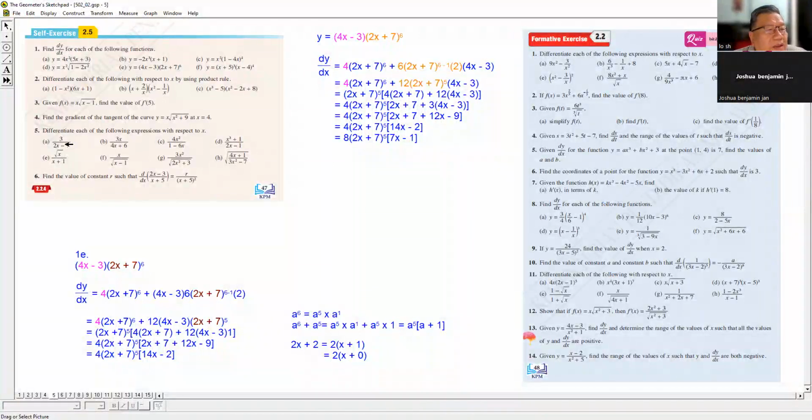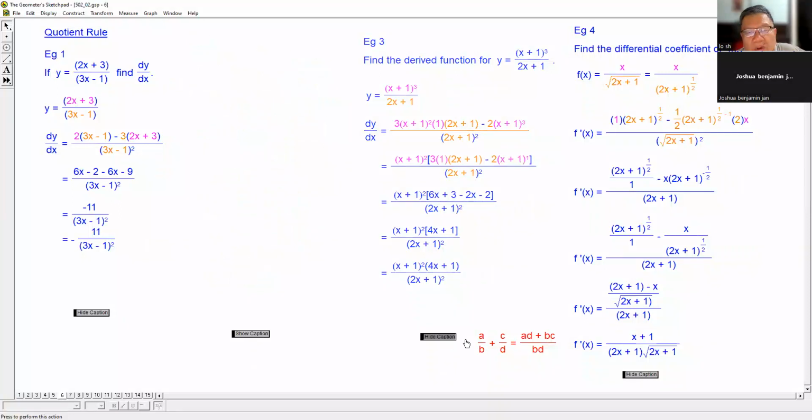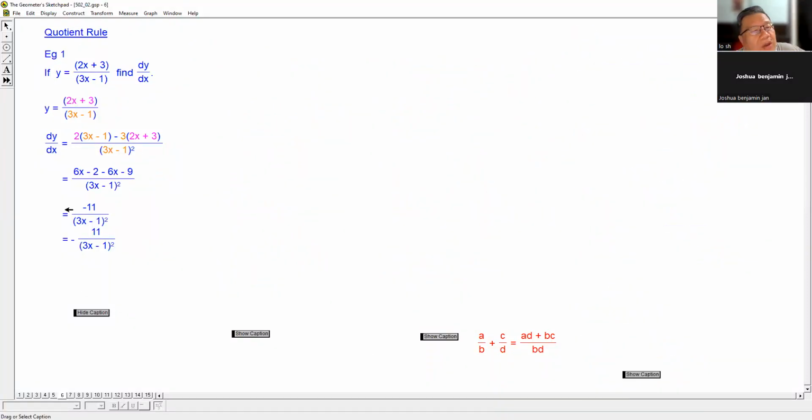Now we are going to look at this question number 5. Question number 5 is about quotient rule, right? What is quotient rule? You use quotient rule when there is a line like that, divide. You have 2 functions. One function at the top, another function at the bottom. Now, how to differentiate this type of quotient?